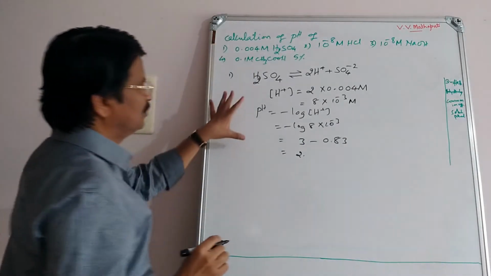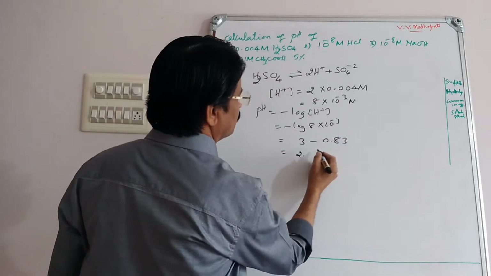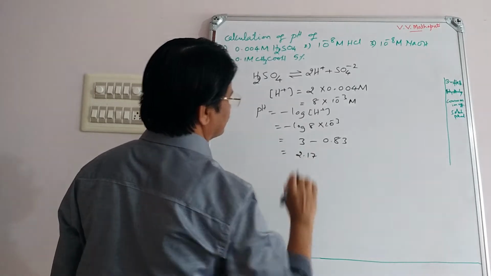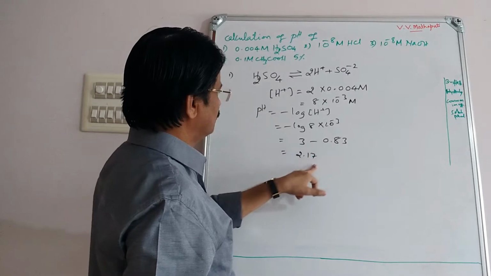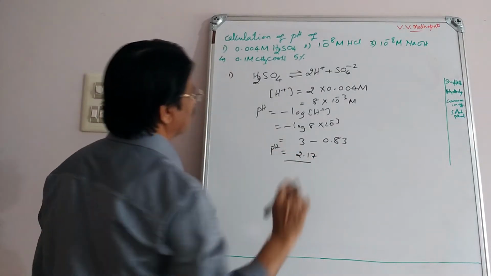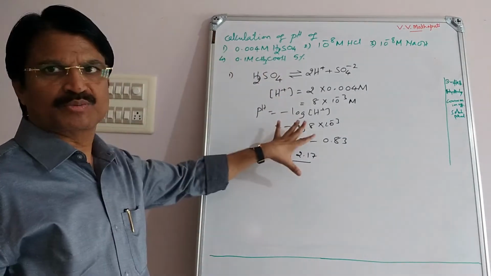Subtracting precisely we get the answer 2.17. This is the pH value. So using sulfuric acid, you have to solve problems like these.